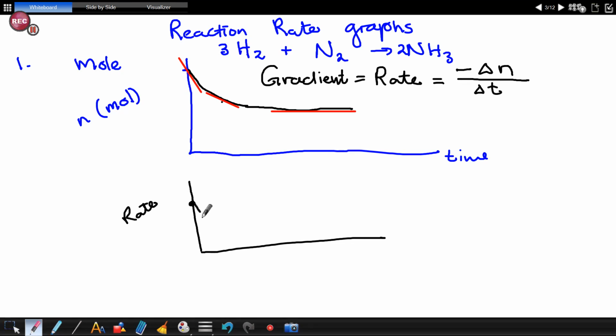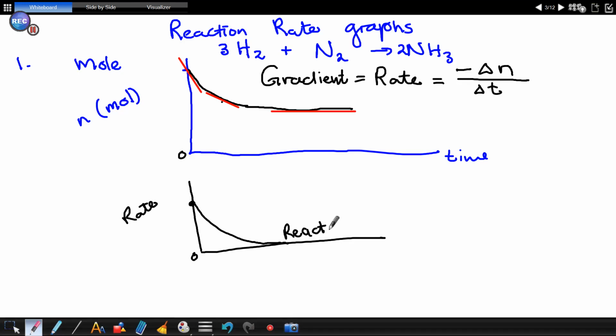So although the graph has the same shape, it's got a different meaning. This is a rate graph, and there the rate decreases to 0. So here the reaction has stopped.